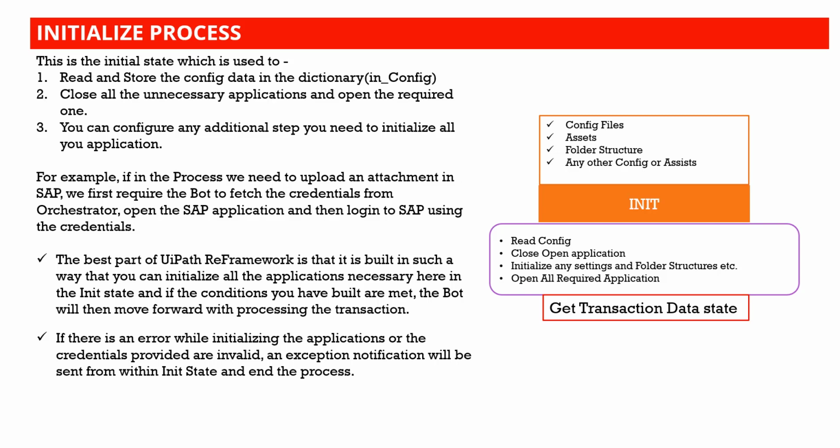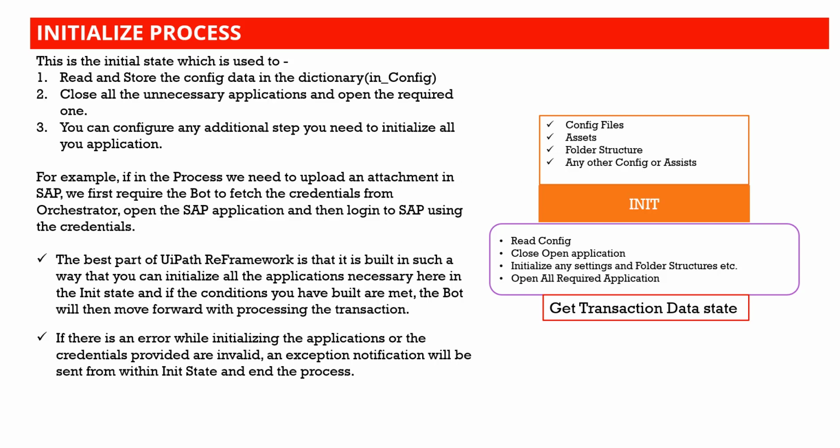The best part of the UiPath RE Framework is that it is built in such a way that you can initialize all the necessary applications here, in the initialize application workflow in the init state. If the conditions you have built are met, the bot will move forward to the next transaction state. And if there are errors during initialization, if the application, config file or credentials are invalid, an exception notification has to be sent and the bot should stop.